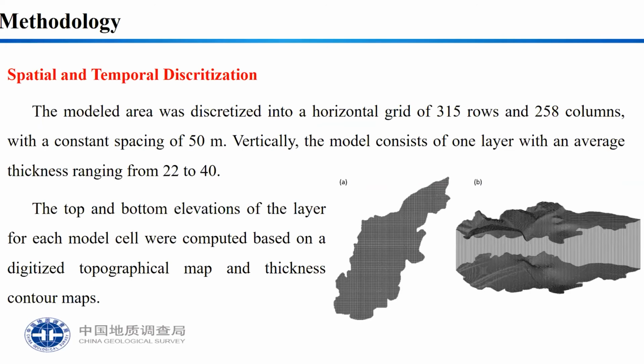Spatial and temporal discretizations. The model area was discretized into a horizontal grid of 350 rows and 258 columns with a cell spacing of 50 meters. The top and bottom elevation of the layer for each model cell were computed based on the digitized topographical map and thickness contour maps.